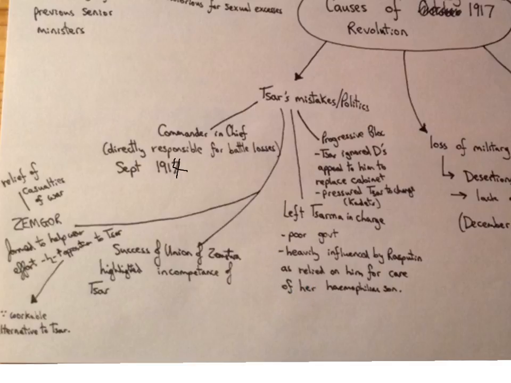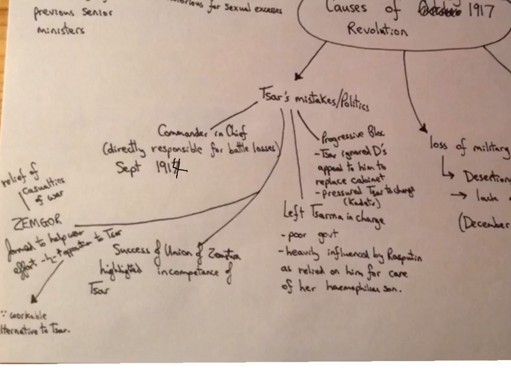So the Tsarina was over-reliant on him, and it made it look like the Tsarist system was corrupt, and it was difficult to defend a system where someone with basically no qualification and no real support, either from Tsarist supporters or from the rest of the country, Rasputin, ends up having such a huge influence. So it made it much more likely that people would support the abdication of the Tsar.